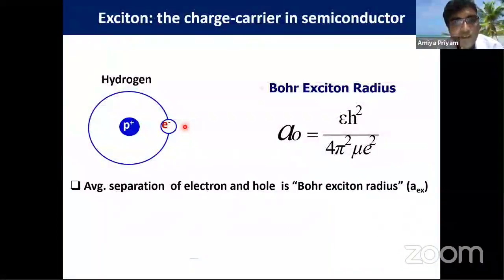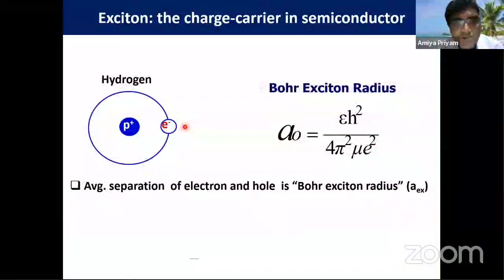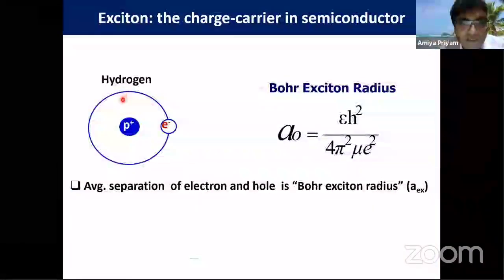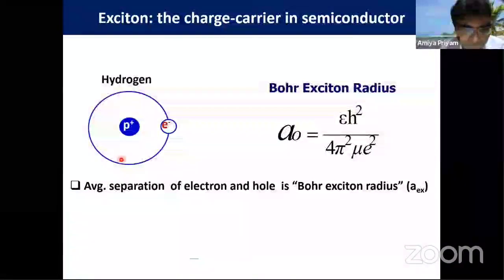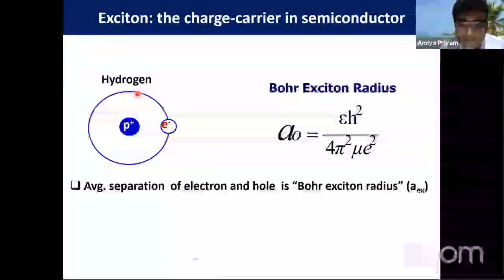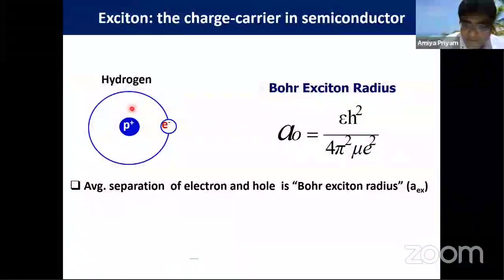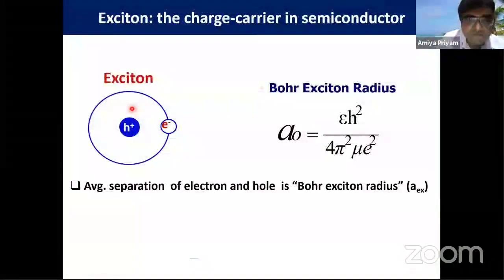The exciton could be easily understood by taking the model developed by Niels Bohr to understand the hydrogen atom. In the case of the hydrogen atom, as we all know, in Bohr's model, the proton is at the center and the electron is moving in a circular path like this. You just have to replace this proton with a hole.